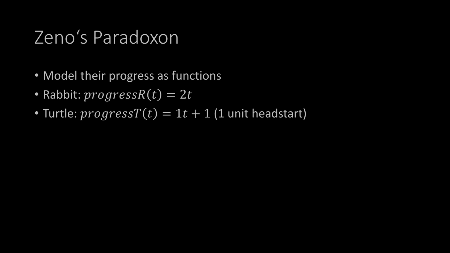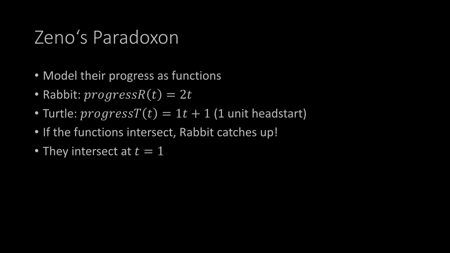For the turtle it's 1 times t, since it moves with 1 unit per second, plus 1 for the head start. If the functions intersect, the rabbit catches up. And they do intersect at t equals 1. You can just subtract t from both sides and then you get t equals 1.